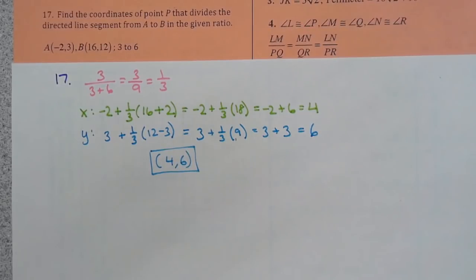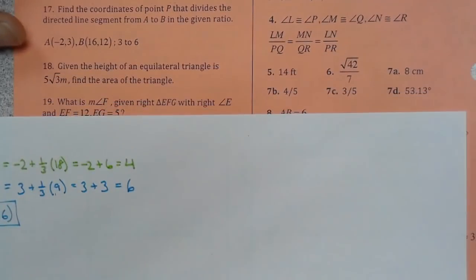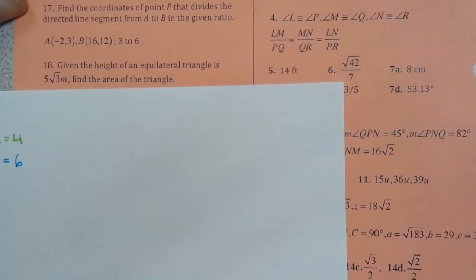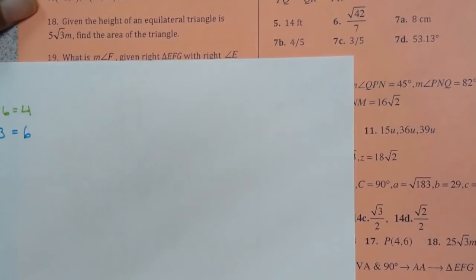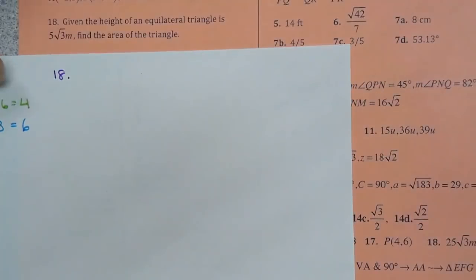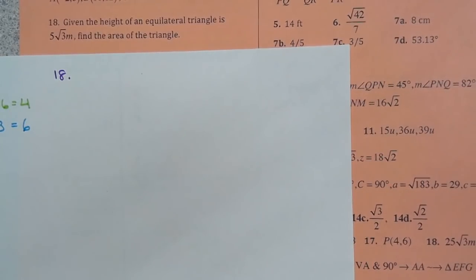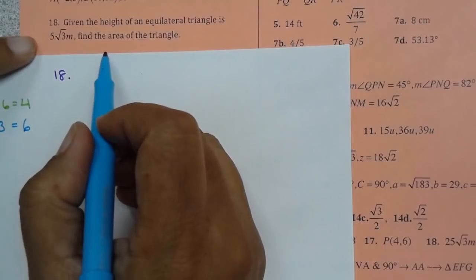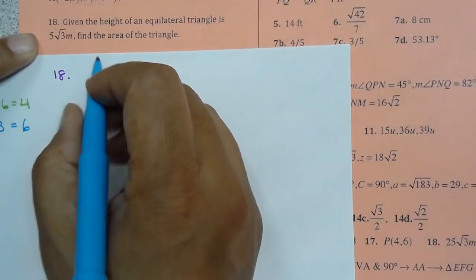All right, let's take a look at number 18. So 18 says that given the height of an equilateral triangle is 5√3, find the area of the triangle. So first we have to solve for the actual base.